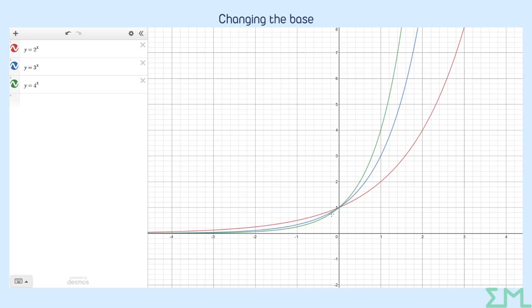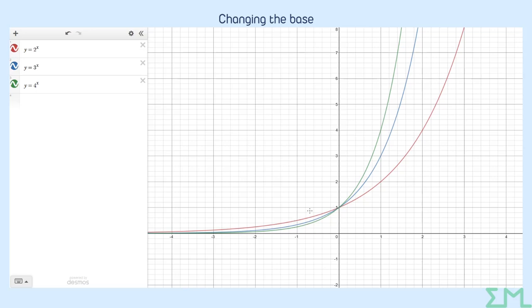And then if you just look on the other side, interestingly, they all swap positions. So on the positive x-axis, the red graph, y equals 2 to the x, is at the bottom. But then as we go into the negative values, the red graph is now the highest all the way along. That's because the blue and the green ones are 3 to the x and 4 to the x. They're now to the negative powers, so they're like powers of a third and a quarter, and they get smaller a lot quicker than powers of a half.